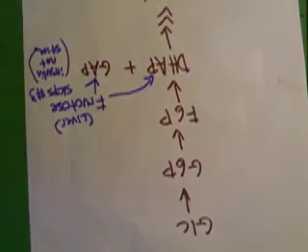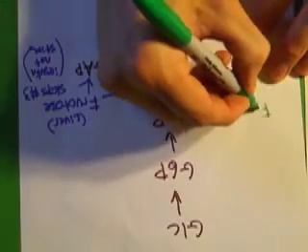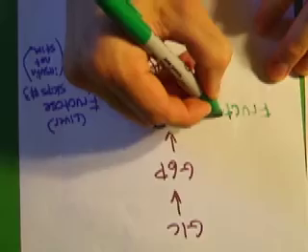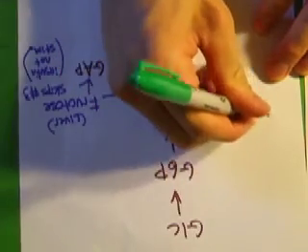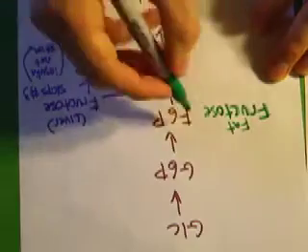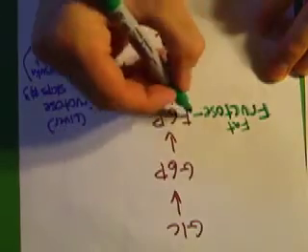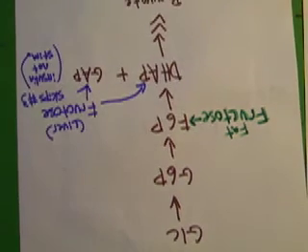Let's see, I was using green for that. So the next feeder pathway is fructose from the fat. And through just one reaction, you end up at fructose 6-phosphate.